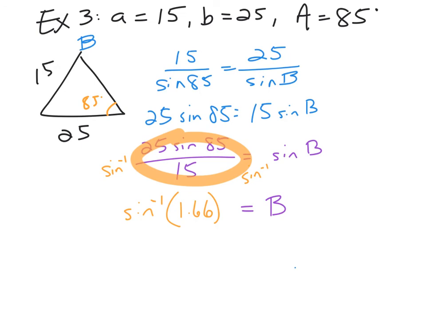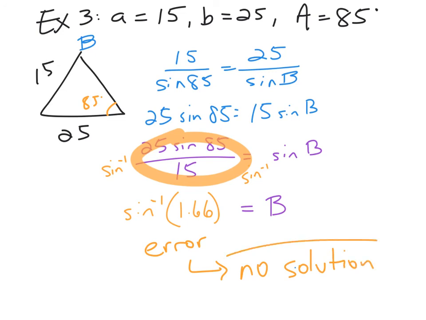Sine can never be greater than 1, so what we get is an error message from our calculator, and so what that tells us is that there is no solution. And that is the end of the work for the whole problem. If there's no solution, then there is no solution. There are no other sides to find because there is not actually a triangle that exists.